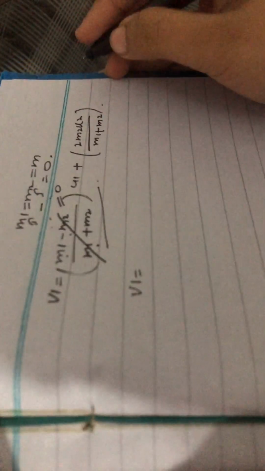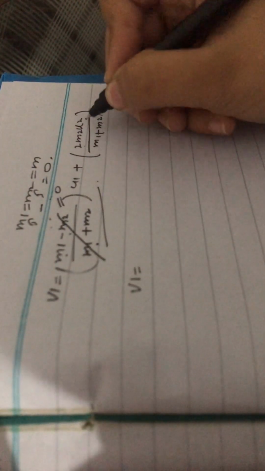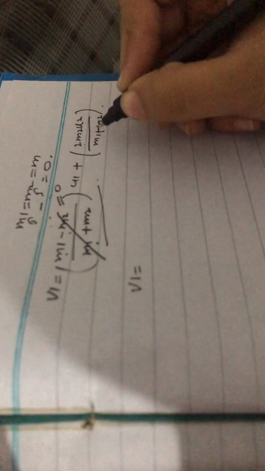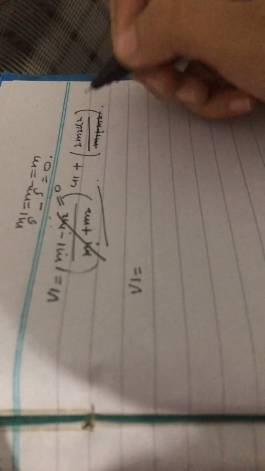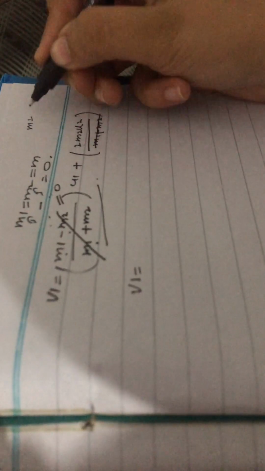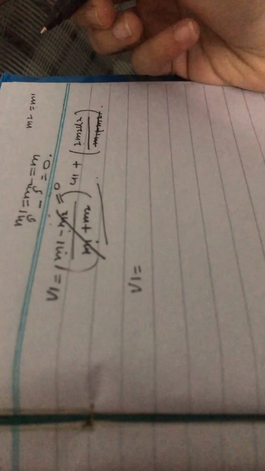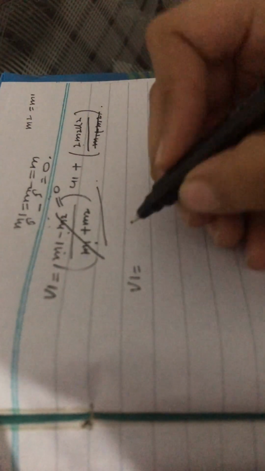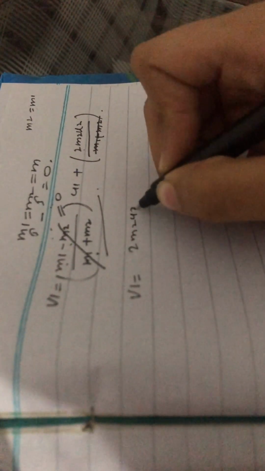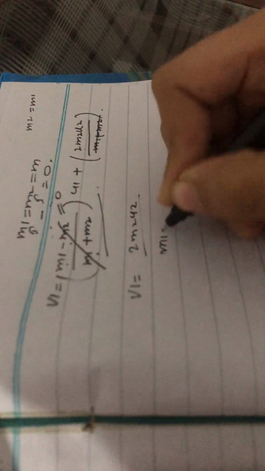After this, as I told, m2 is equal to m1, so the remaining term is 2m2 u2 upon m1 plus m2.